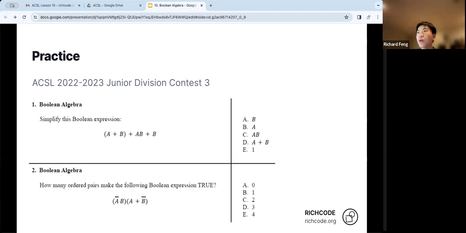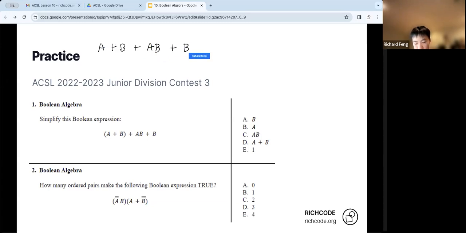So most of you got question 1 correct, but seems like question 2 was a bit trickier. So for question one, we can simply remove the parentheses since they don't really do anything.